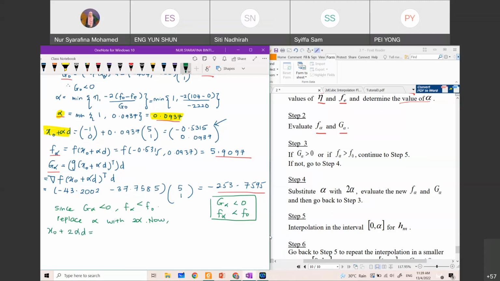So your f alpha is given by f of x naught plus 2 alpha d, and your g alpha is given by g of x naught plus 2 alpha d transpose times d. Try to calculate this.